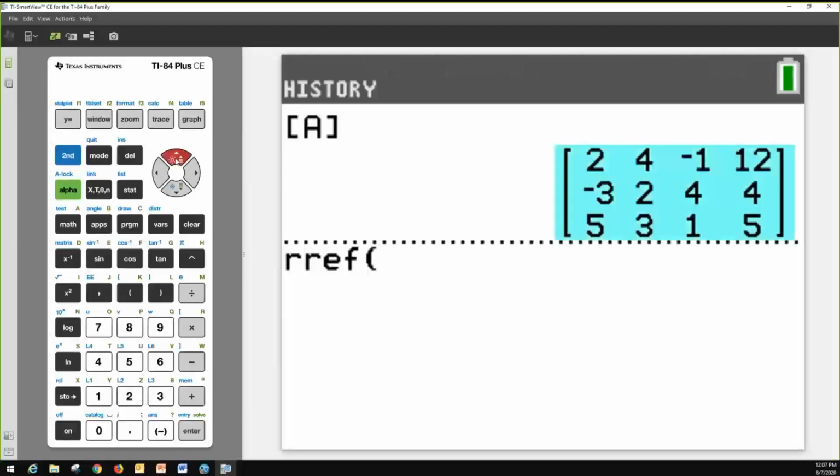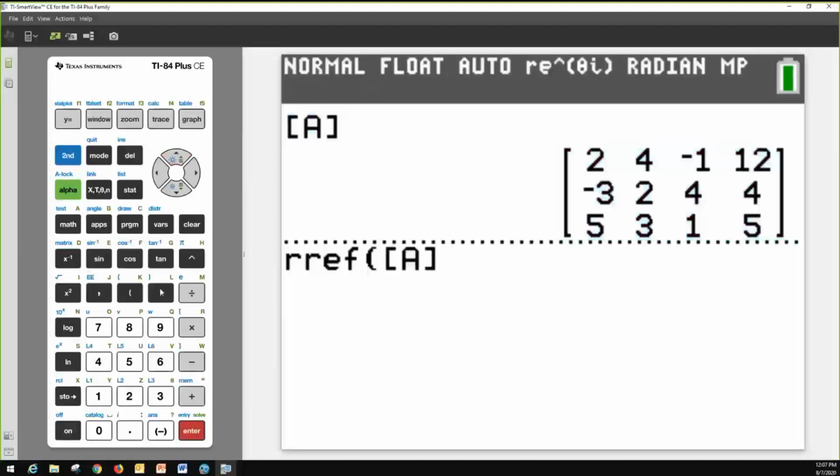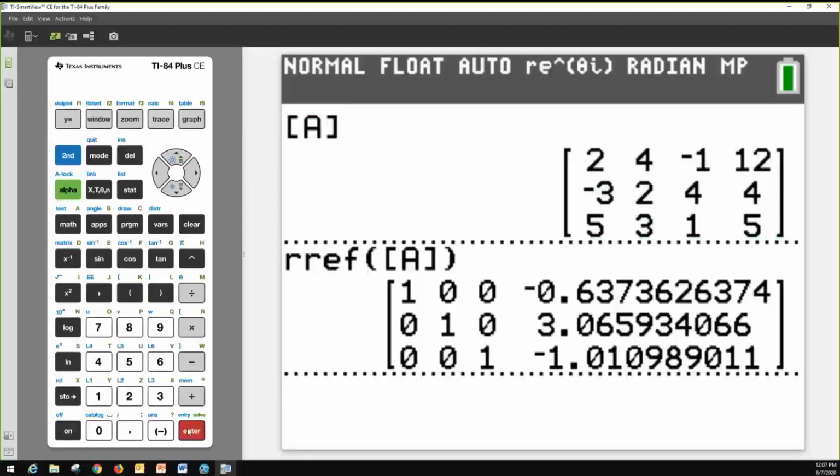Oops. Matrix A. And that tells me the solution occurs when x equals -0.637, y equals 3.06, and z equals -1.01. I'm done. So that's solving a set of equations simultaneously.